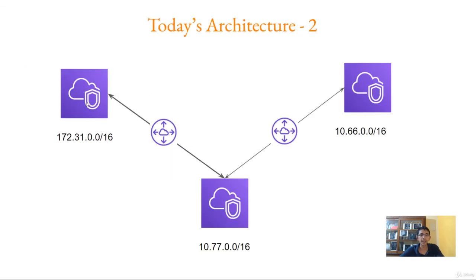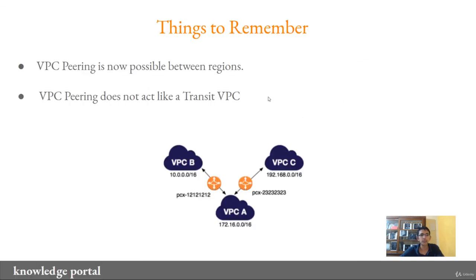Very similar to the architecture diagram, instances in the VPC of 172.31 would not be able to communicate with 10.66 via the route of 10.77. So this cannot act as a transit VPC. In case this VPC needs to communicate with 10.66, then you can establish one more peering connection between them. Alright, that's what transit VPC is all about.